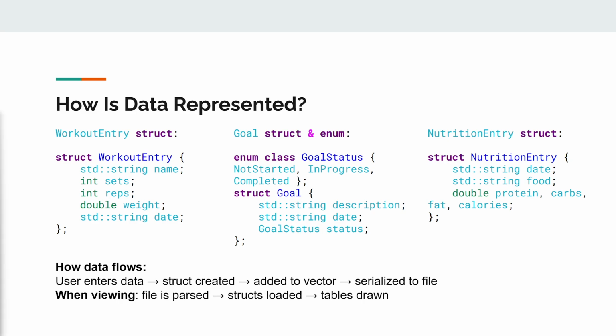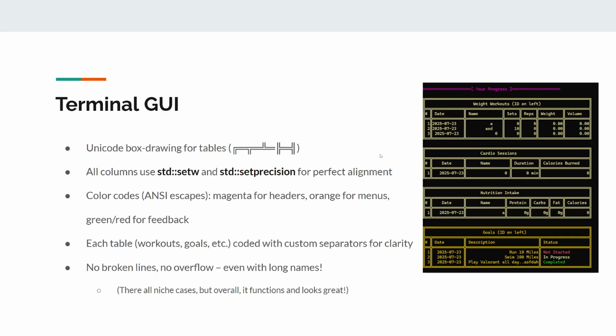So if the user were to exit the program, they'd be able to access it again. And if they want to view their data, the file is parsed from a function, read file, and these structs are loaded from the vector, and the tables are going to be drawn with those Unicode symbols, these ones.